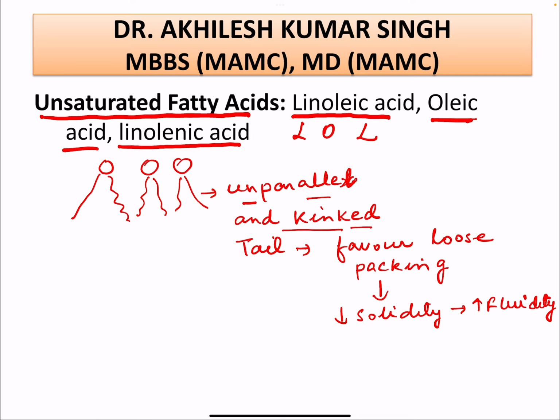The bending is also called kinked or kinking of the tail. This unparallel and kinked tail will favor the loose packing of the cell membrane, and when the packing is loose, it will decrease the solidity and increase the fluidity of the cell membrane.